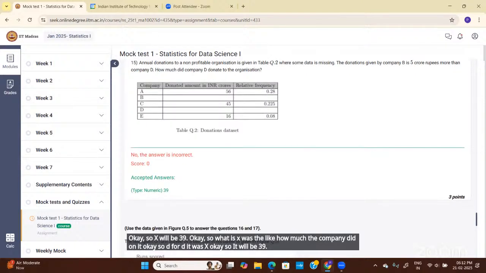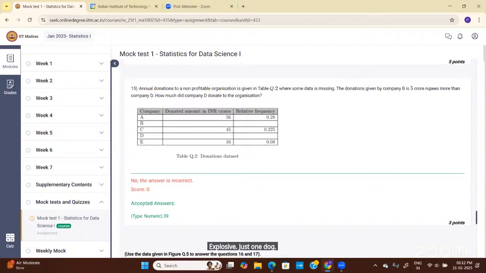Just one doubt. We have already been given that the donation by company B is 5, right? So why are we not doing 56 plus 5 plus 45 plus x plus 6? No, what you are saying, the donation given by company B is 5 crore?